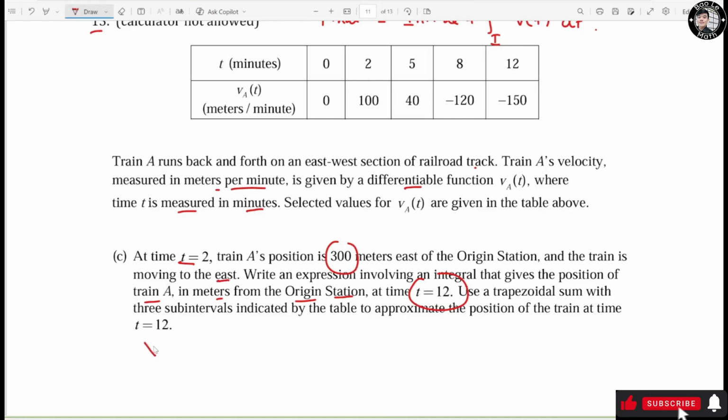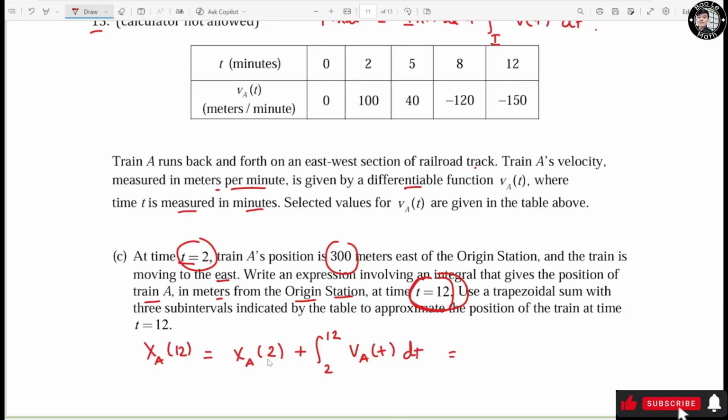So s_A of 12, the final one right here, with the initial right here, equals s_A of 2 plus the integral from 2 to 12 of v_A of t dt.